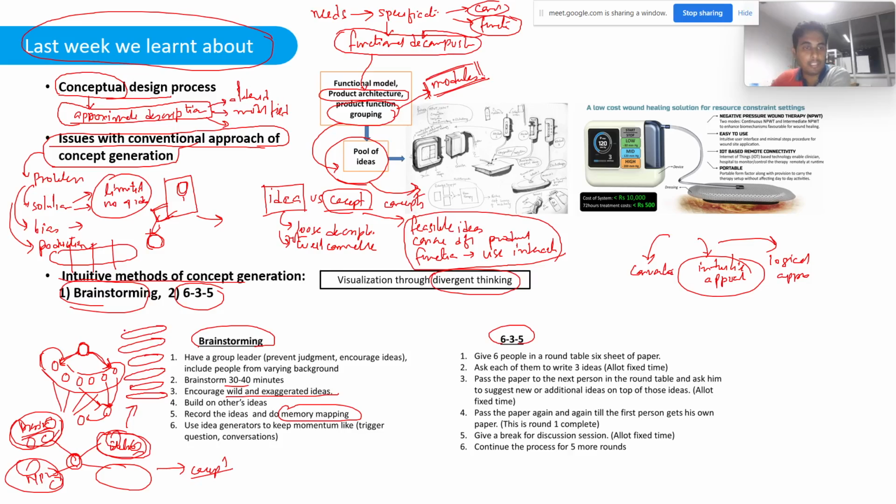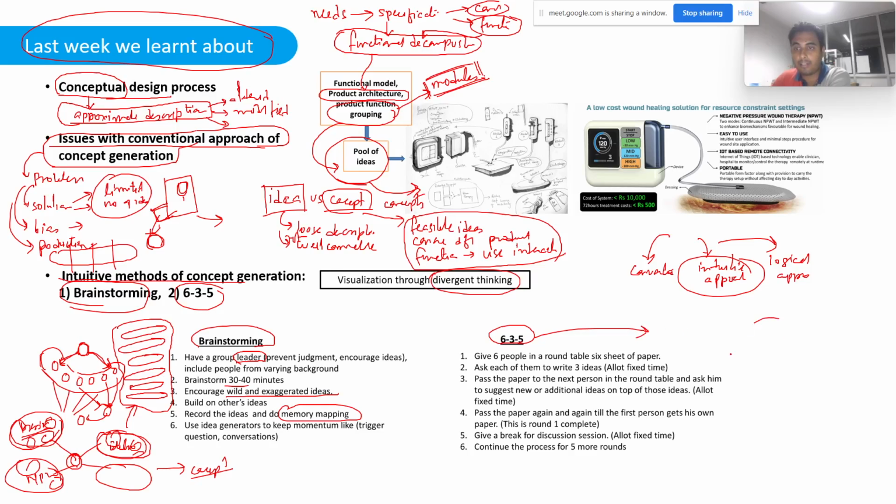So it's not very easy to understand how these concepts are collected, and it later becomes a headache for the team leader to make sense of all the data he collects during a brainstorming session. That particular problem can be addressed by using the method 635.